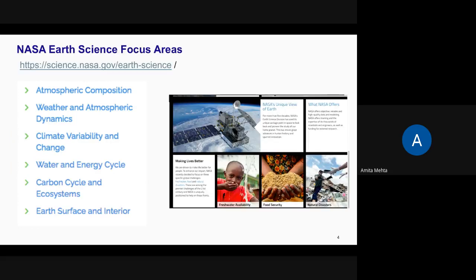Basically, when it says food security, it's using remote sensing and model data to understand and predict crop yields, also droughts, or any extreme weather and climate situations that you can monitor, that will help in making decisions or managing food security for coming years.